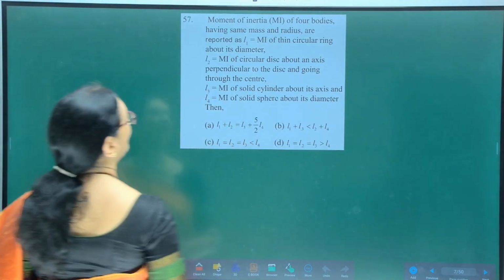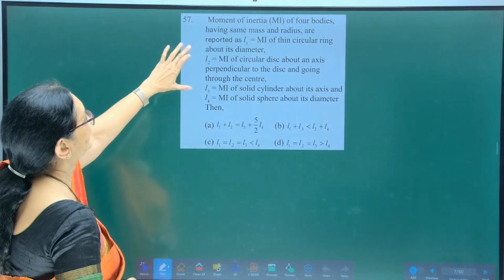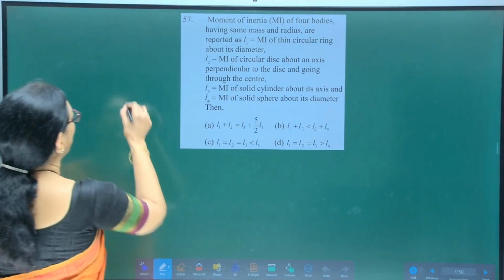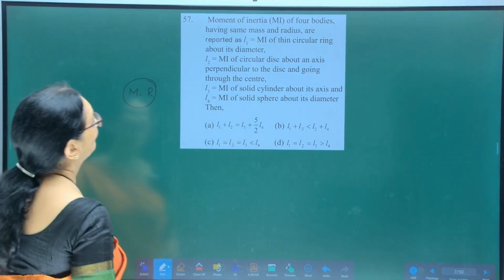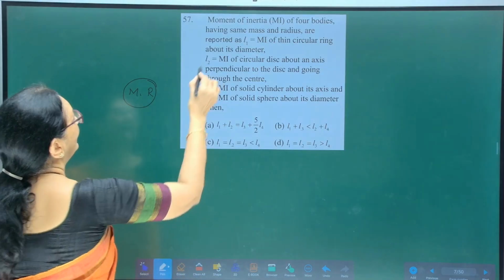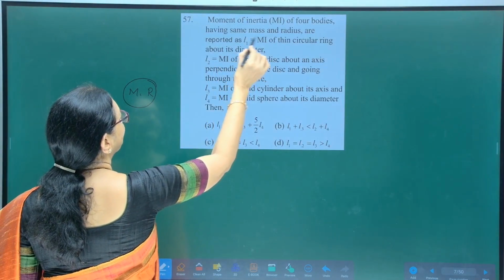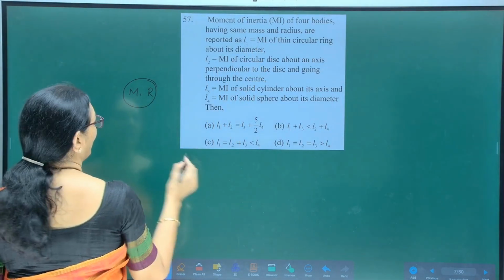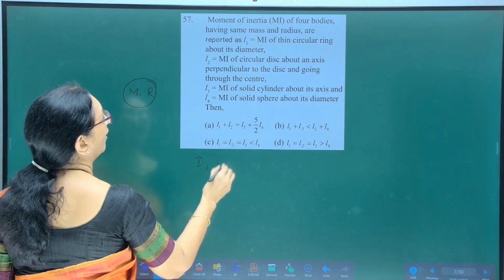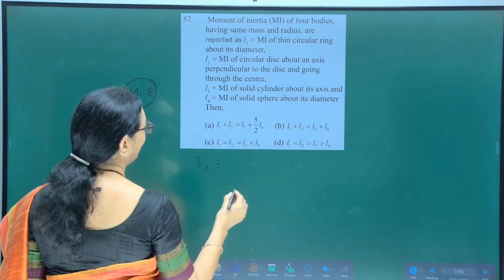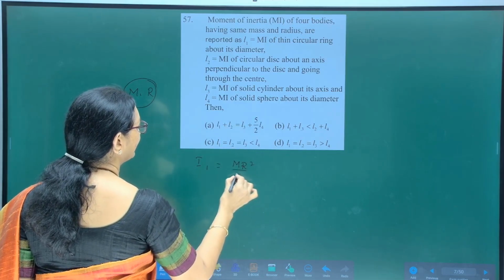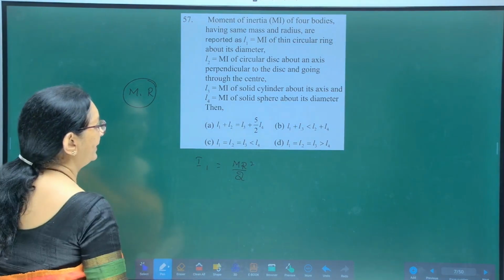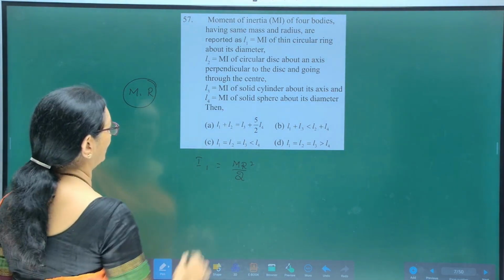Moment of inertia of 4 bodies having the same mass and radius. Mass and radius of all bodies are the same. I1 is the moment of inertia of a circular ring about its diameter, which is mr square by 2.